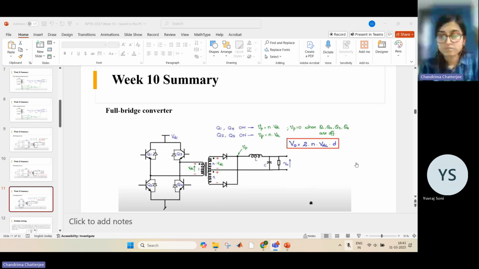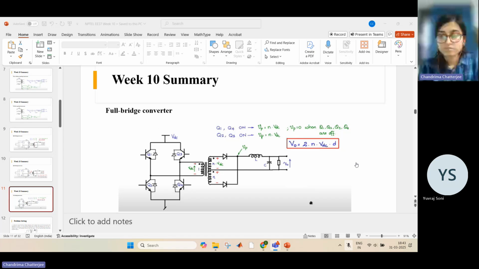So what we can do first is apply KVL. What will be the secondary voltage? The secondary voltage is V out plus the diode drop. Suppose when Q1 is on, then current flows like this.